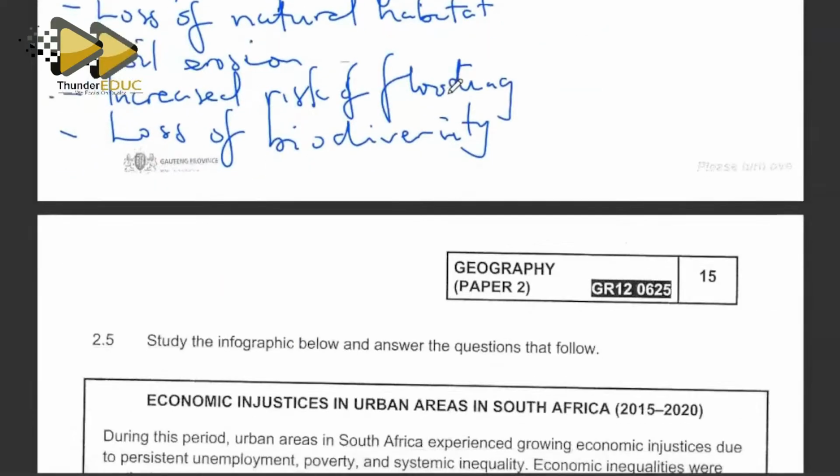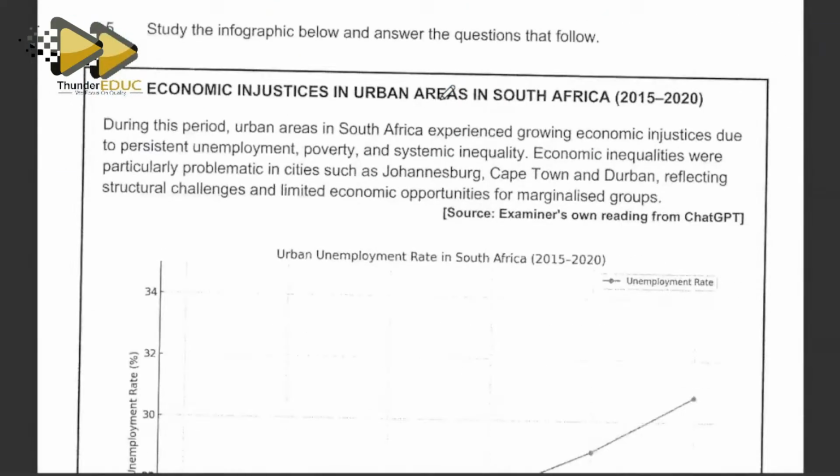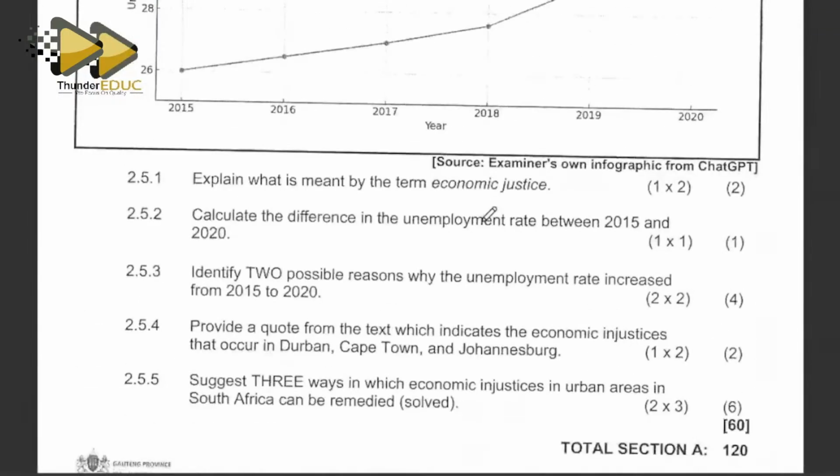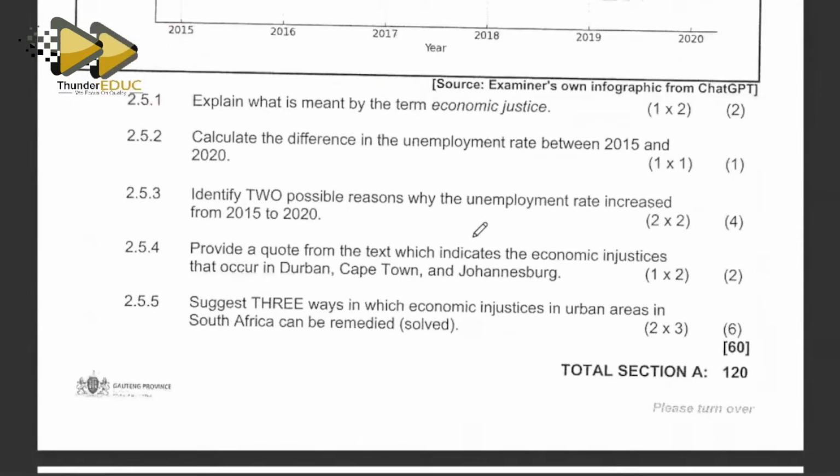Right. That takes us to the next question. Economic injustice in urban areas in South Africa. Right. Explain what is meant by the term economic injustice. Whenever you're talking about an injustice, remember, we're talking of something being done unfairly. It's unfair or it's discriminatory. A discriminatory practice within the economic system.